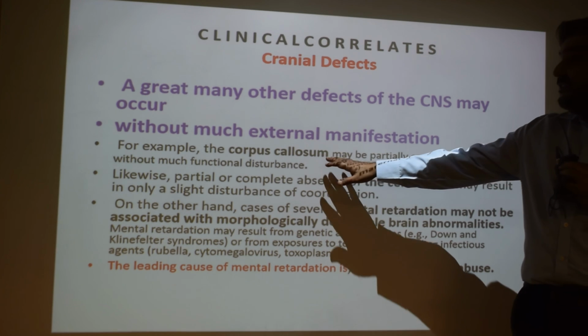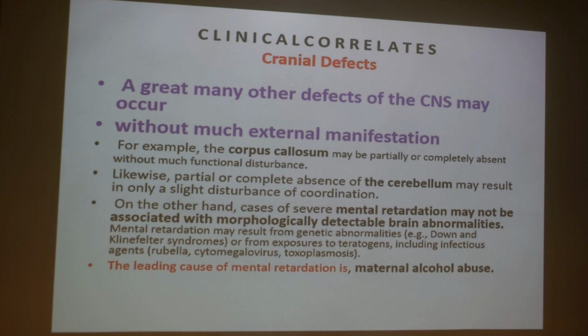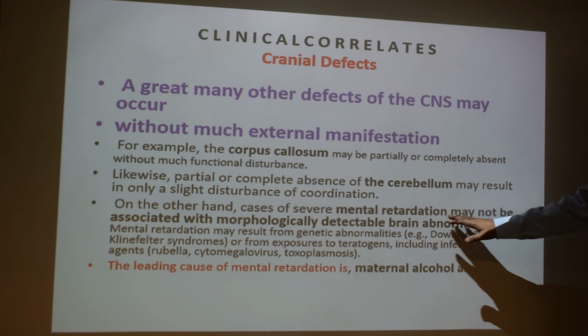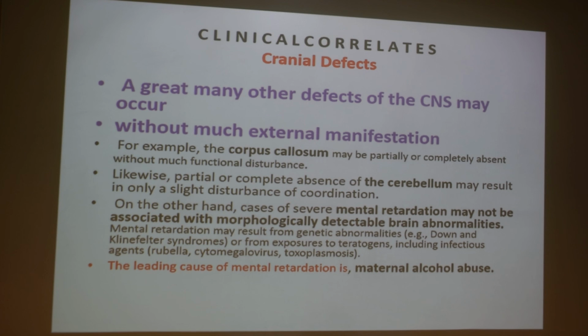For example, the corpus callosum may be partially or completely absent without much functional disturbance. It is an association fiber between the two cerebral hemispheres, yet you would find no abnormality at all. Likewise, partial or complete absence of the cerebellum may only cause a slight disturbance of coordination.